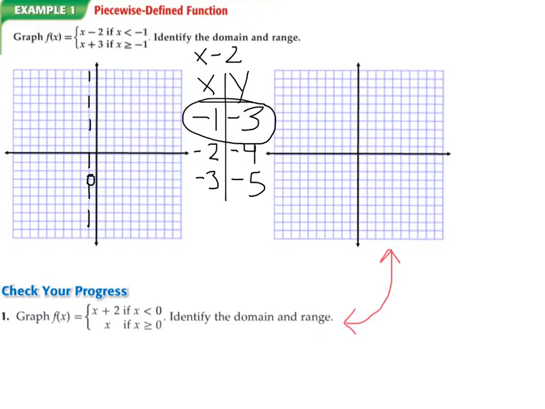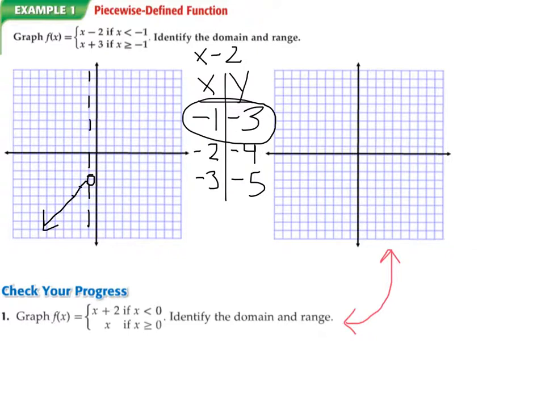So we have negative 2, negative 4, and negative 3, negative 5. And so this is a good idea of what our graph is going to look like. We can go ahead and connect these lines. But we do want to make sure we don't go past that boundary. That boundary is there for a reason. We cannot pass it. So that's the first part of our piecewise.